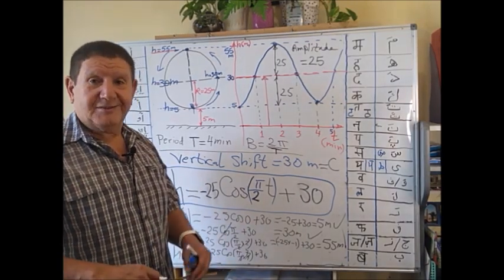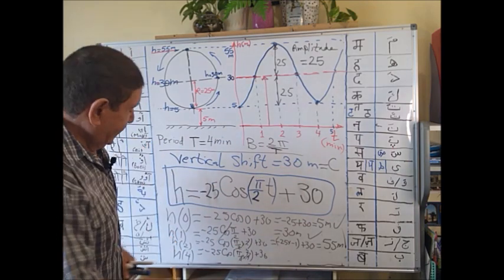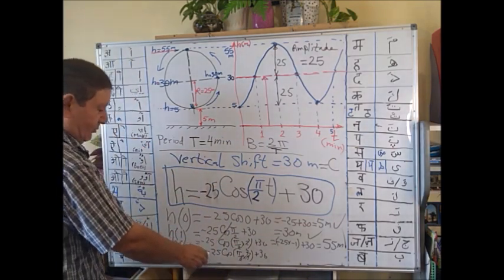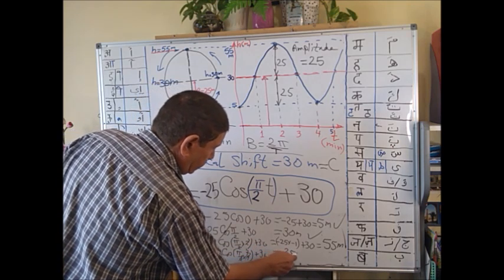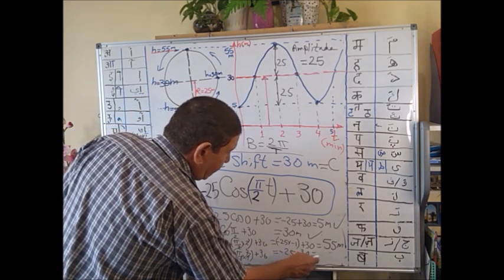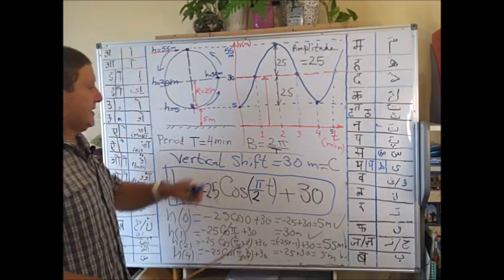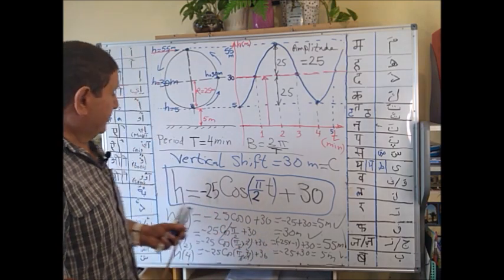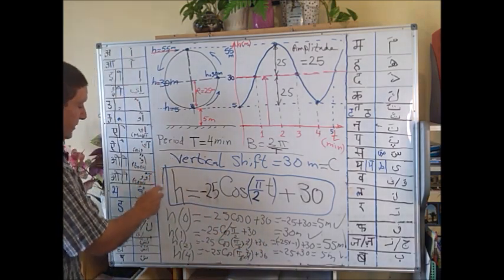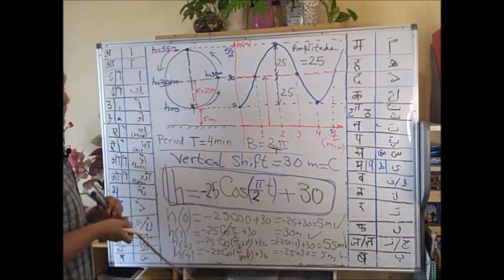Cosine 2 pi is 1 because it's back to the x-axis. So you get minus 25 plus 30, and the answer is 5. So this means that this is verified. We verified the equation. It's a correct representation. So this becomes the model for this Ferris wheel.